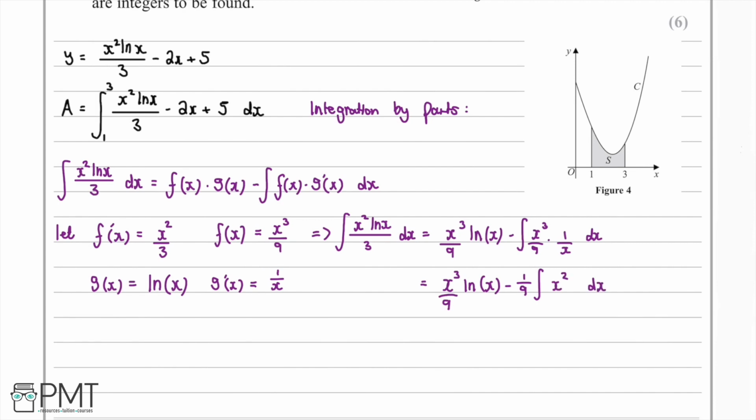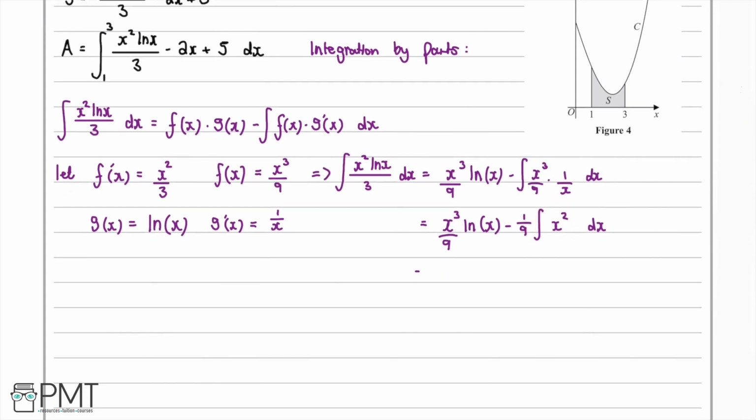So now we have something we know how to integrate. Integrating x squared, we have x cubed divided by 9 times ln x, then negative 1 over 9 multiplied by x cubed over 3, which comes out as x cubed divided by 27. And just for completeness, we'll add c because we've integrated without a constant.